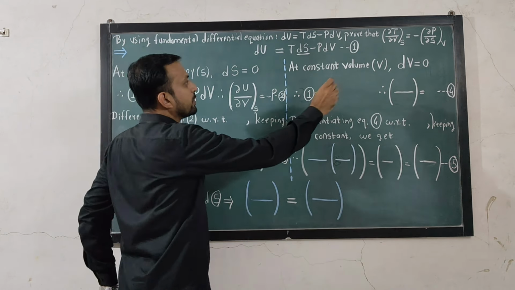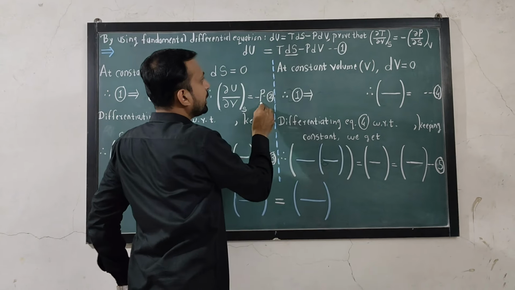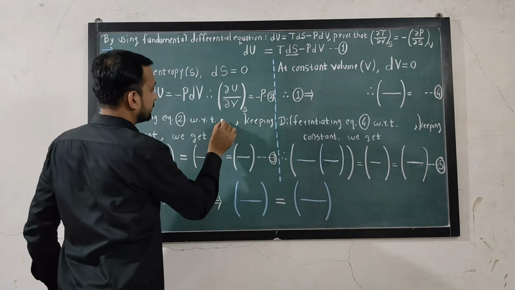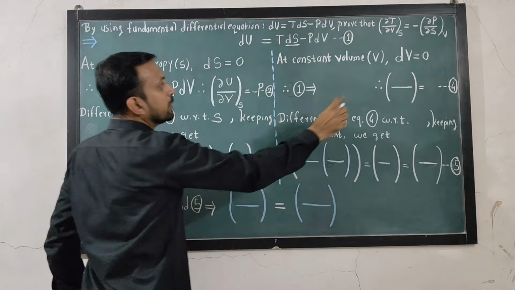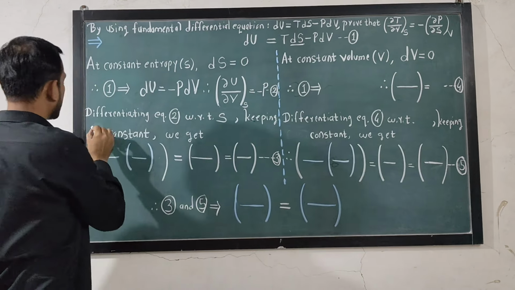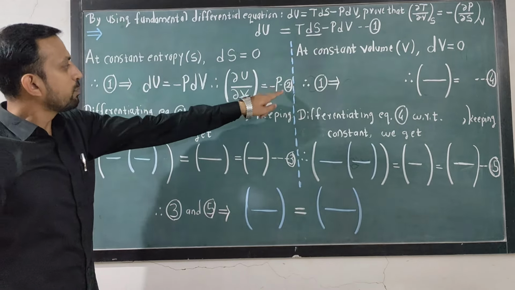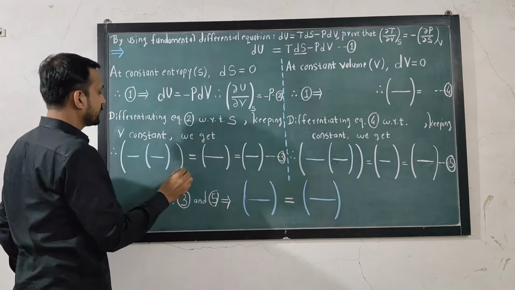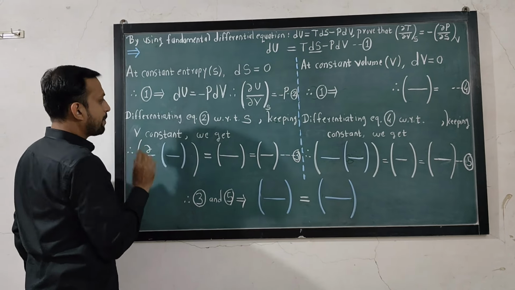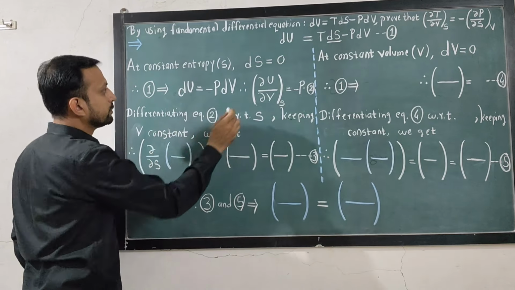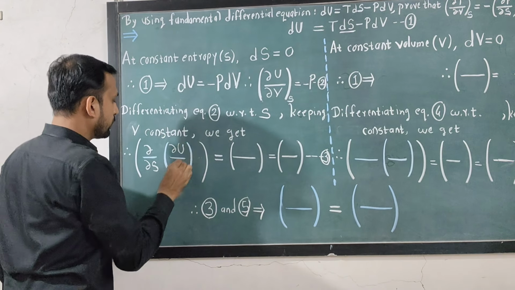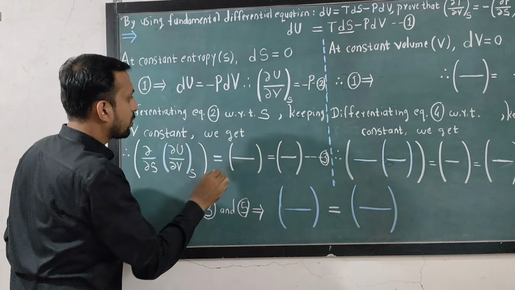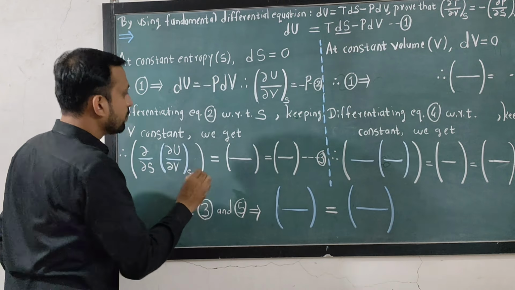Now for the further step, we have to adopt the hint from this. Here we obtain the expression of P, therefore we have to differentiate equation 2 with respect to S, keeping volume constant. Then we can write, partial by partial S, of partial U by partial V, keeping entropy constant, and overall it is volume constant.